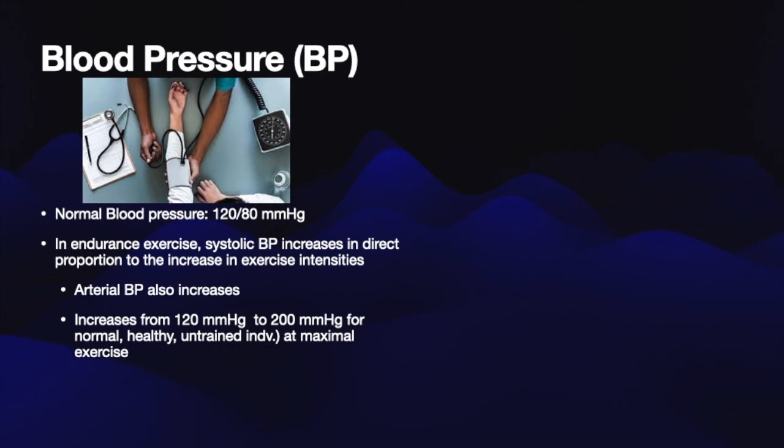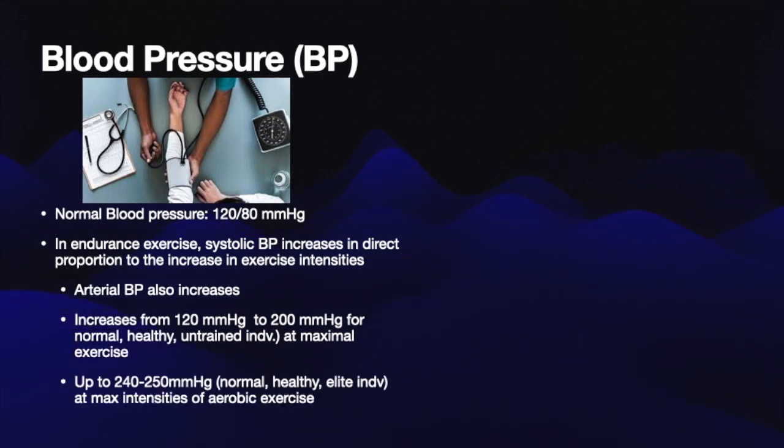For elite individuals, it could go as high as 240 or 250 millimeters of mercury at maximal intensities of aerobic exercise. Now let's look at what happens to our blood pressure with resistance exercise.